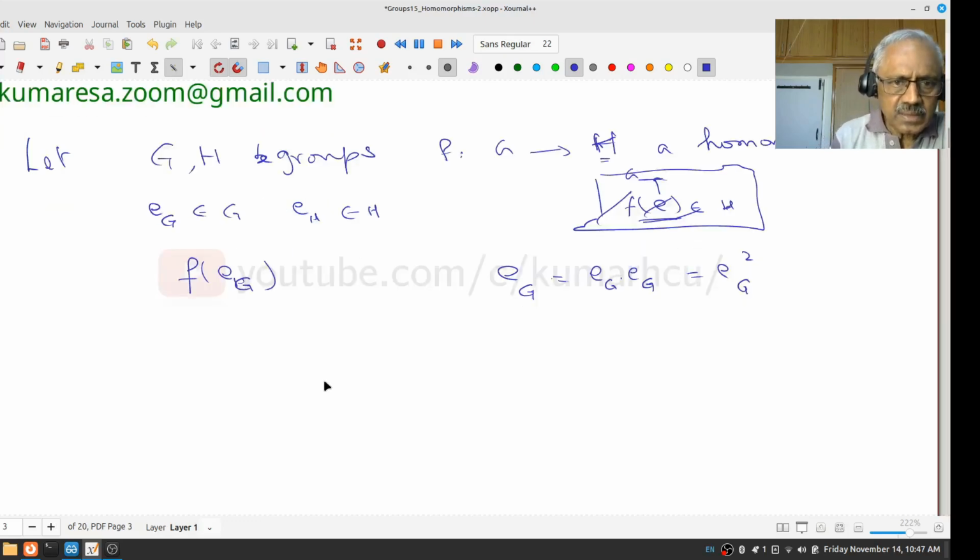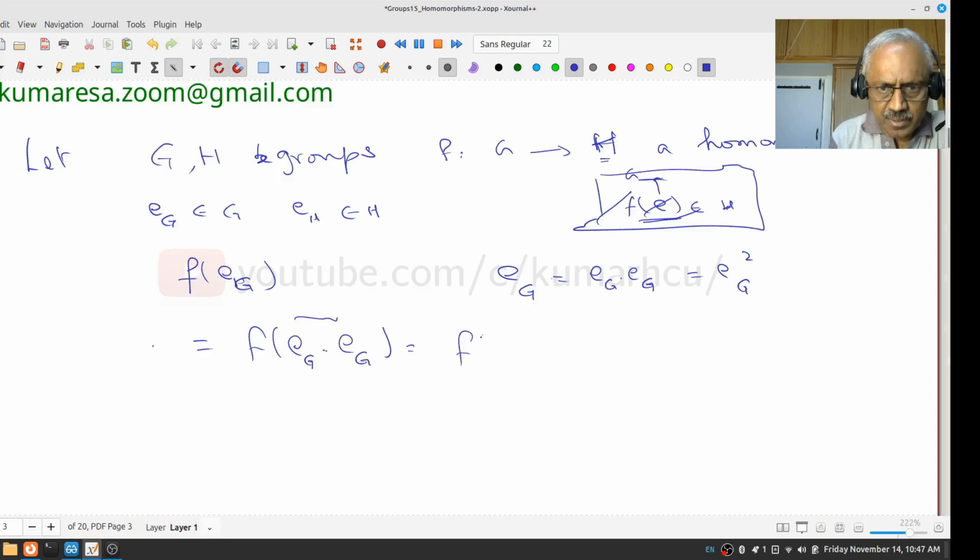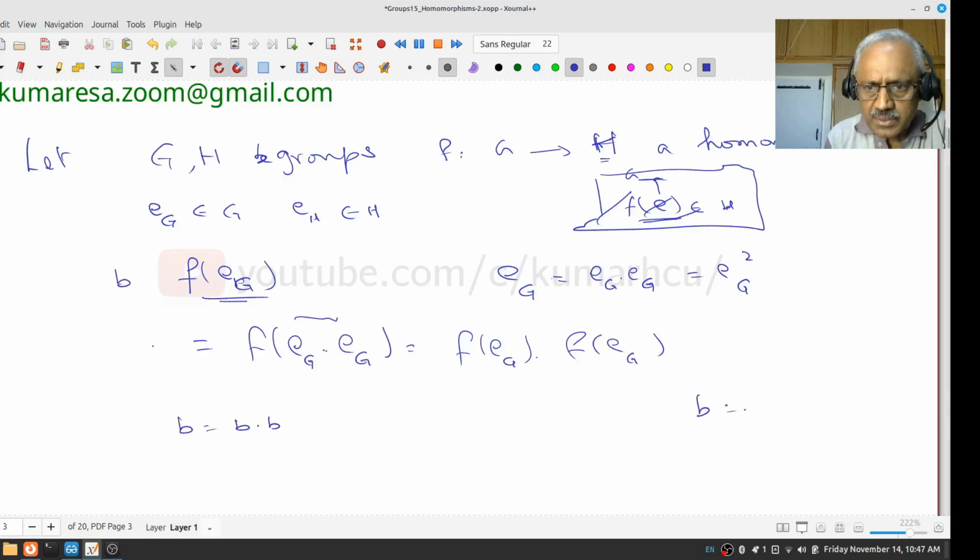Therefore, f of e_G equals f of e_G times e_G, because it's a group homomorphism, and this is really f of e_G into f of e_G. Now, this is an equation. Call f of e_G as b.